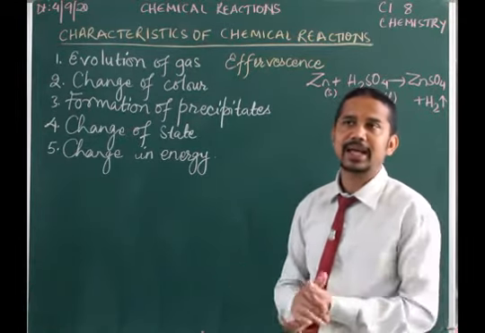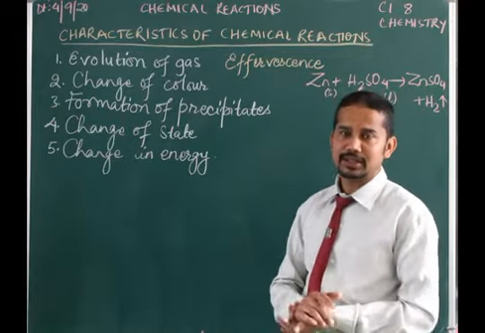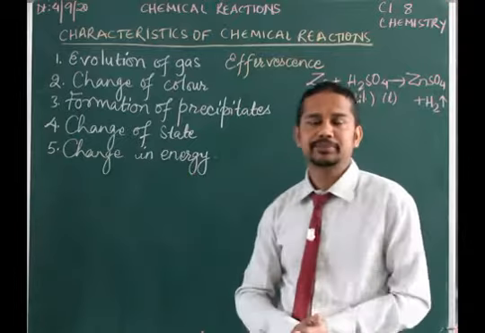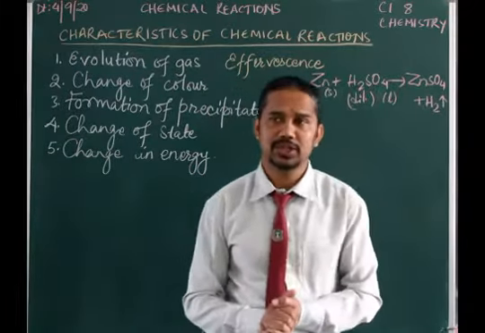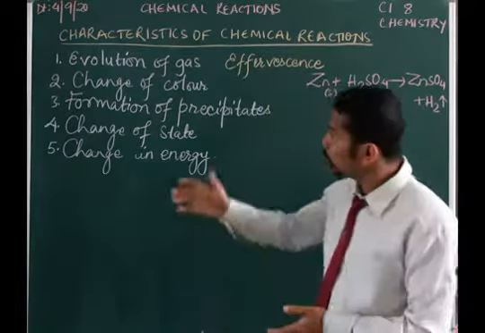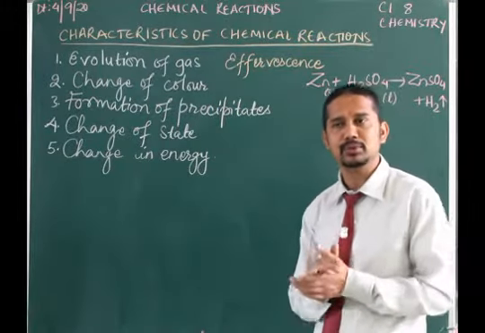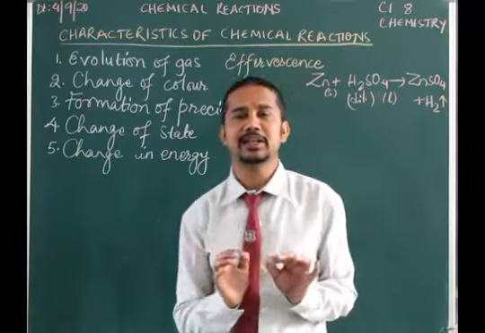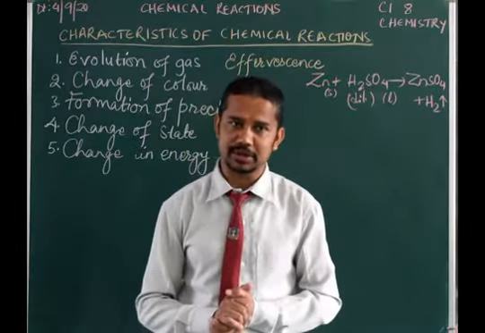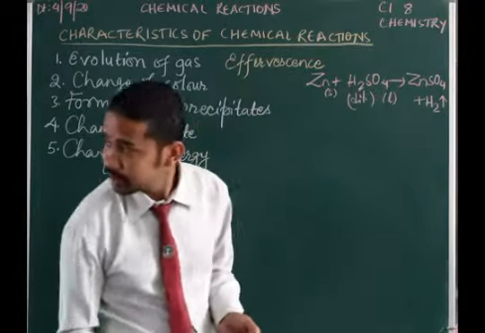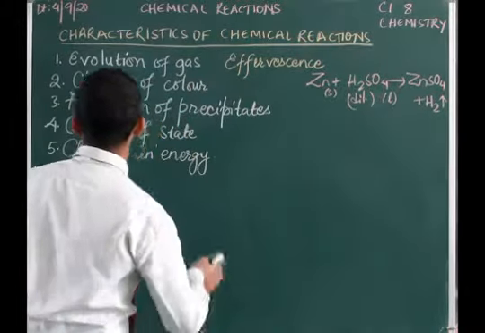If you combine gas and gas, then you get a solid. There is a change in the state. Number 5 is change in energy: energy will also change in a chemical reaction. So knowing these 5 characteristics of a chemical reaction, we can come to know that the reaction taking place is a chemical reaction. Now we'll go through them one by one with examples. So first of all is evolution of gas.